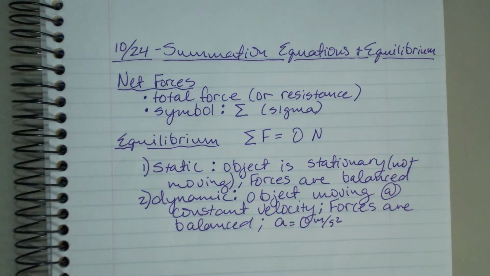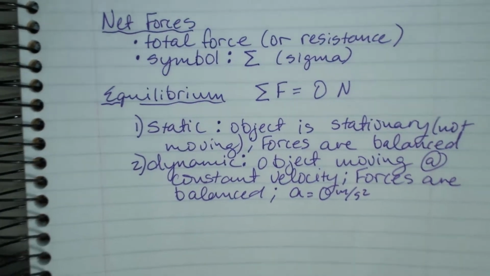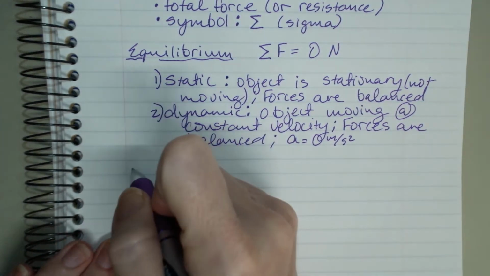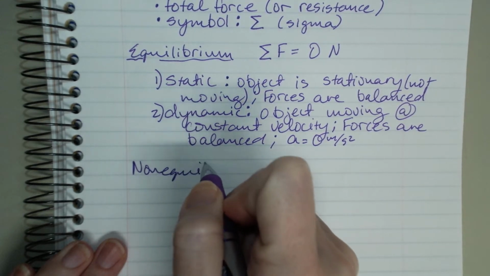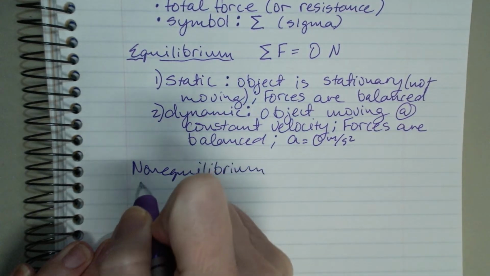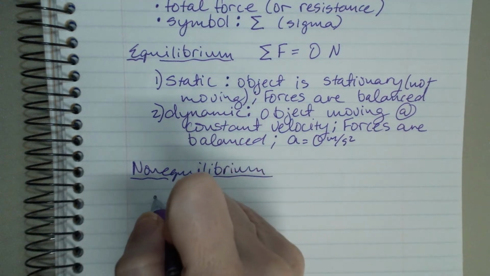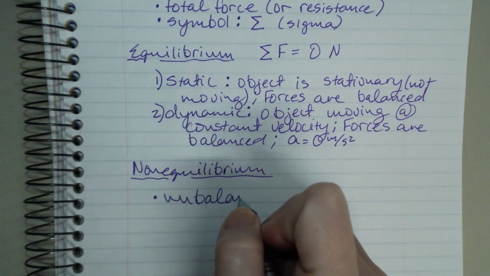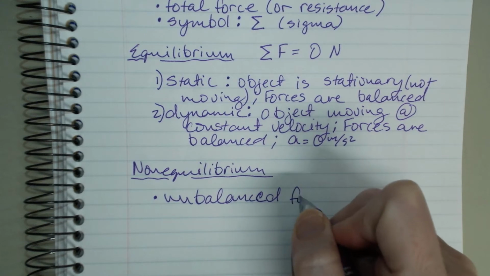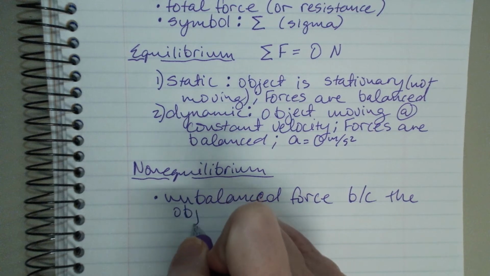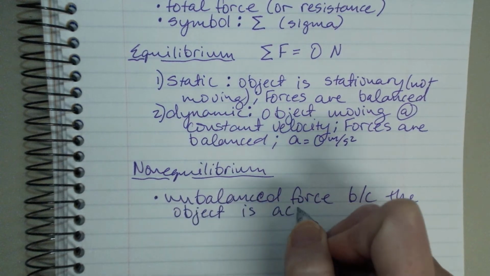Now, when something is moving and it's accelerating, you have something called dynamic motion, and that's non-equilibrium. Non-equilibrium means you have an unbalanced force because the object is accelerating.